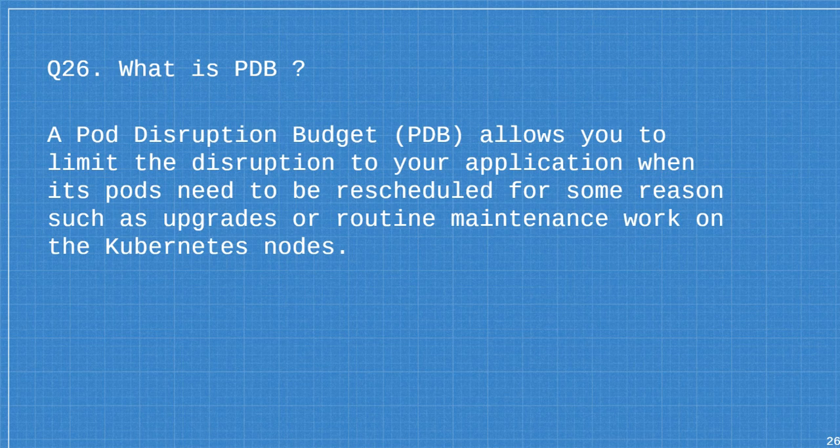So in case any planned activities or other stuff is there and other nodes are not available, it will not let the worker node drain out unless new resources are available and it shifts the pods to other resources. Then it will let the node drain out, otherwise it will not.